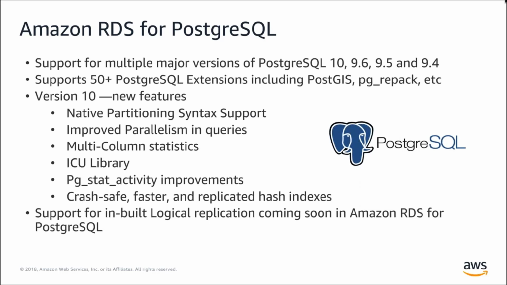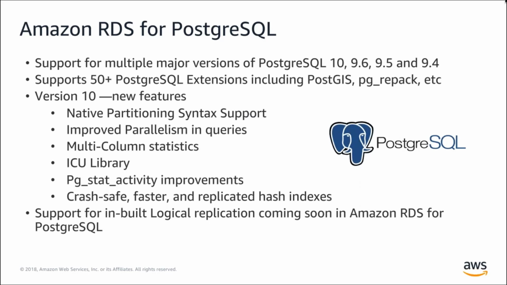It now supports multiple column statistics, which means your queries could take advantage of different statistics in your columns and do the correlation between them. And it now supports an inbuilt library for internationalization, which means an OS patch will not impact your sorting order anymore. There are improvements in pg_stat_activity, which gives you improved reporting in Postgres.